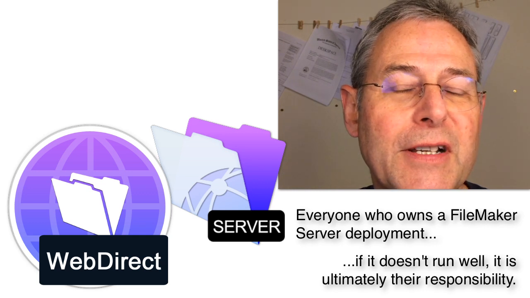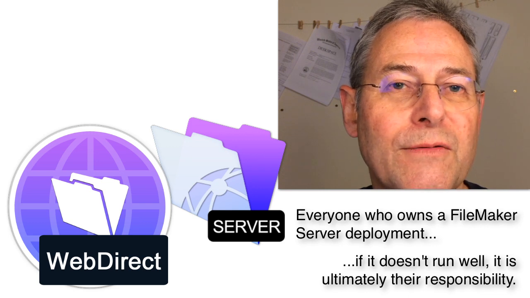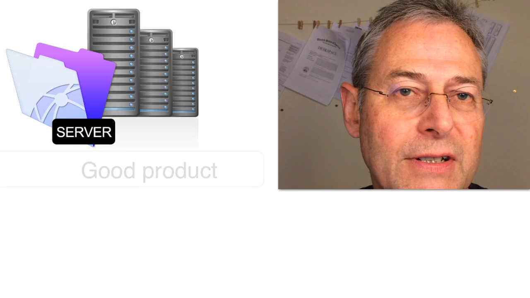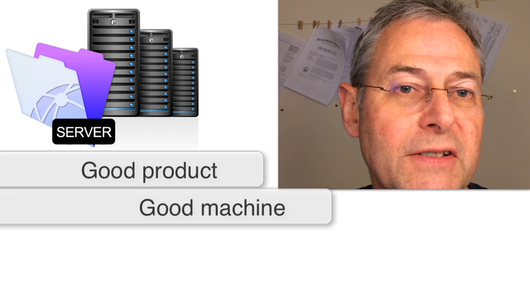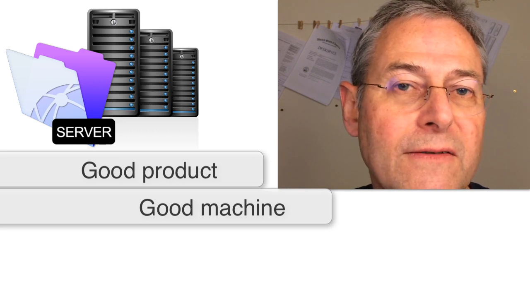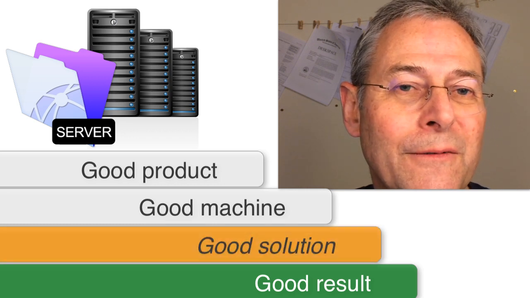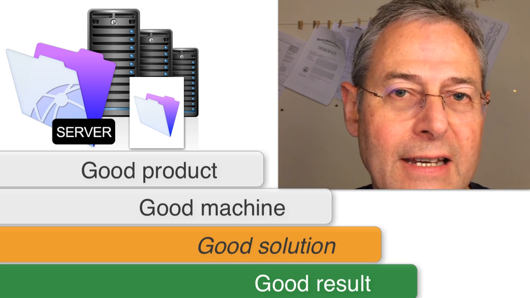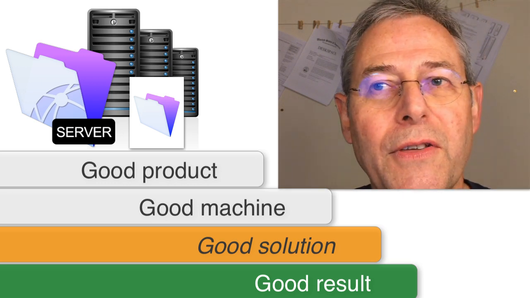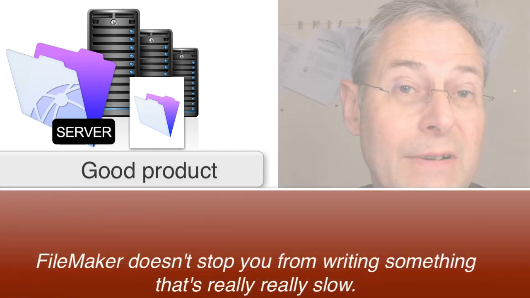Because if you put FileMaker server on a reasonable hardware and software resource, on a reasonable box or virtual server suitable for your use, suitable for the number and type of users that you're using and their means of connecting to it, it will run well, provided the solution itself is reasonably well written. It is the case, as we both know, that it is possible to write extremely inefficient stuff in FileMaker. FileMaker doesn't stop you writing something that's really, really slow.